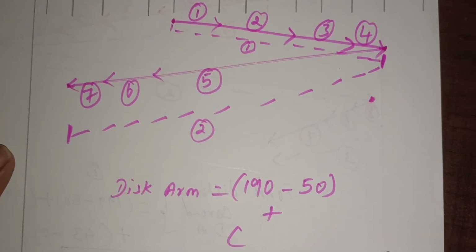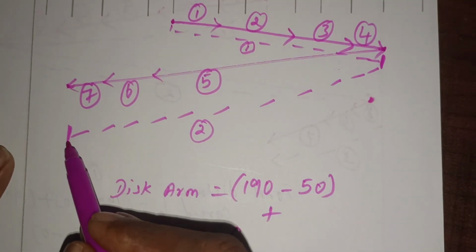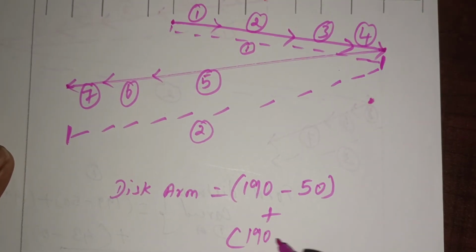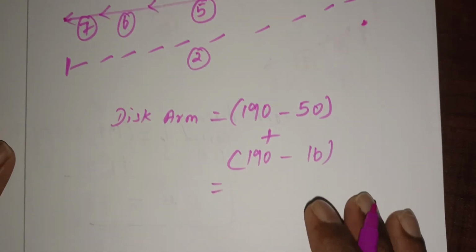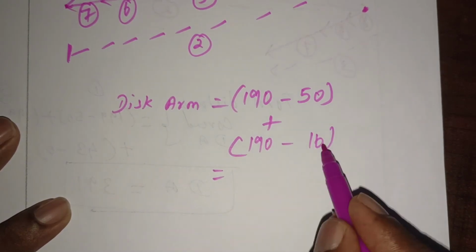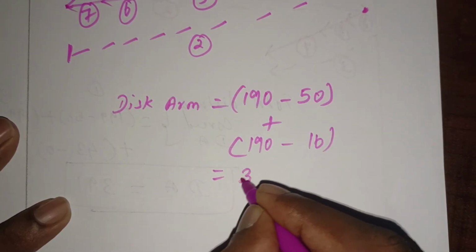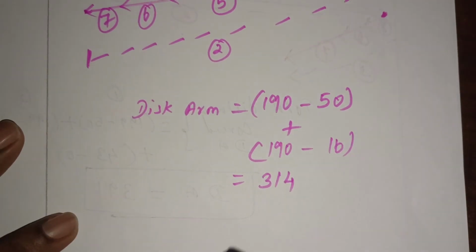Finally, we have only two sequences. So we have 190 here and it stops at 16, so 190 minus 16. So the final answer is 314. You can calculate and check.